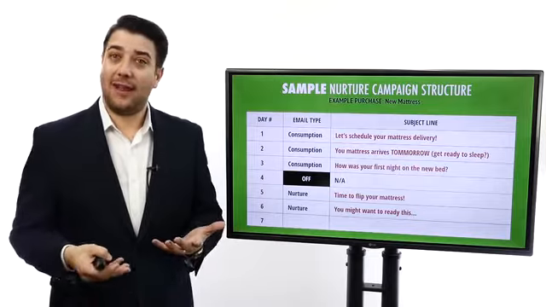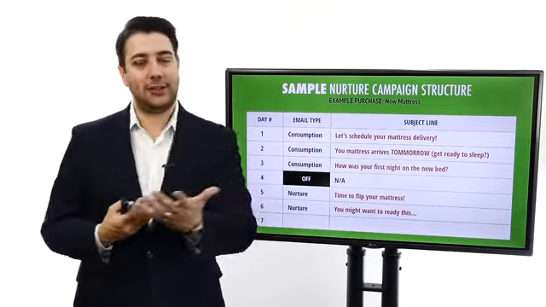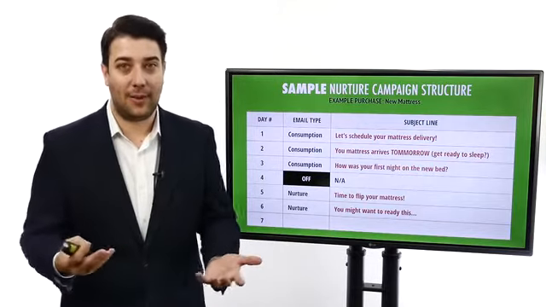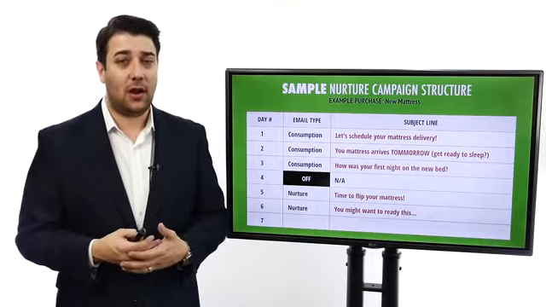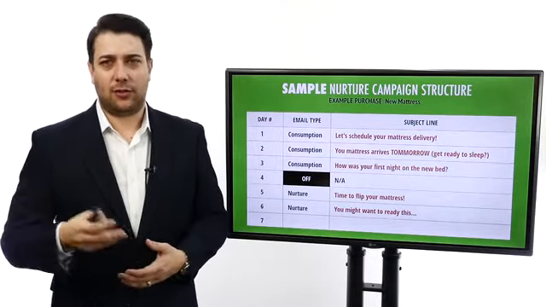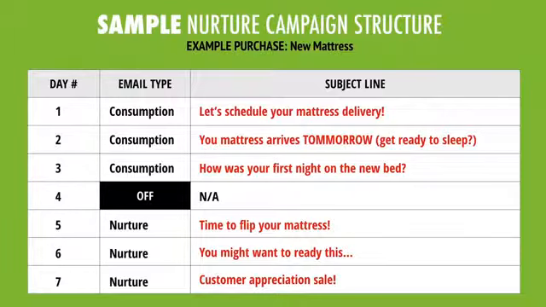There's probably a ton of information out there, but I can start to nurture and add value, but transition into potentially a new sale. So if I'm sending them information about how guest beds and guest mattresses are hardly ever replaced, but they are loaded with allergens and other icky things, then I'm starting to seed that, and the next day I may come back and say, customer appreciation sale.